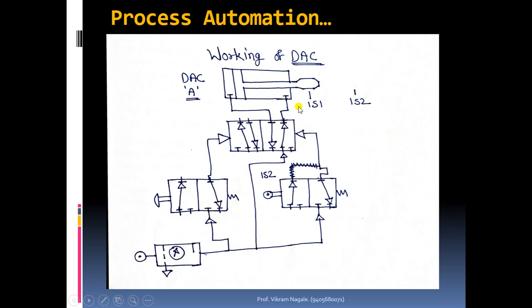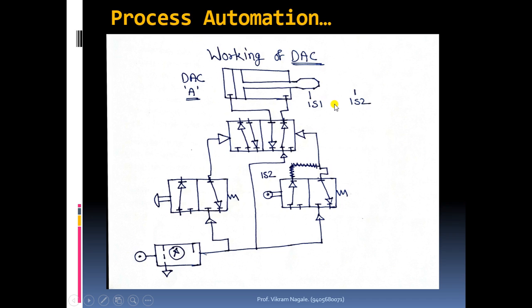That means there should be some feedback arrangement, or some mechanism that will check whether the cylinder is completely extended, and once it finds that the cylinder is extended, it will retract it.